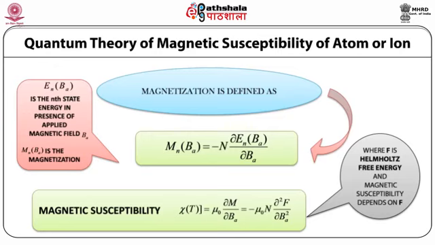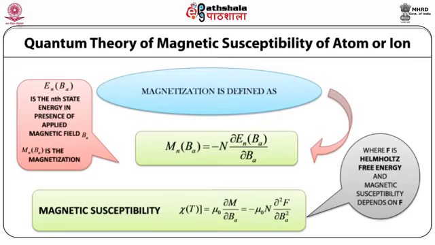The corresponding magnetic susceptibility for the finite temperature T is given by this expression, chi is equal to mu naught times the partial derivative of M with respect to Ba, which can further be rewritten in terms of F, the Helmholtz free energy.